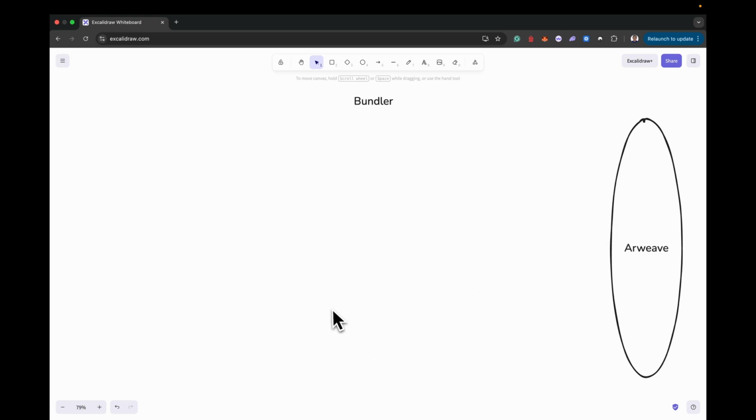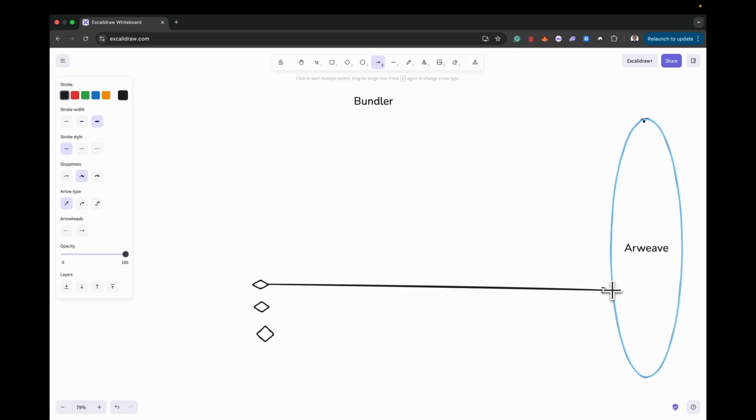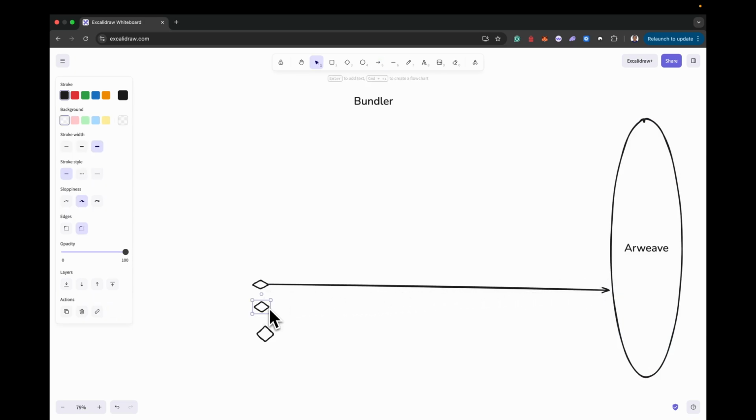To explain that, I'm just going to draw. We have one, we have two, and we have three. These are all, let's say, applications that are trying to upload data on Arweave. Normally, this is what happens. This one uploads data on Arweave. This second one does the same as well.